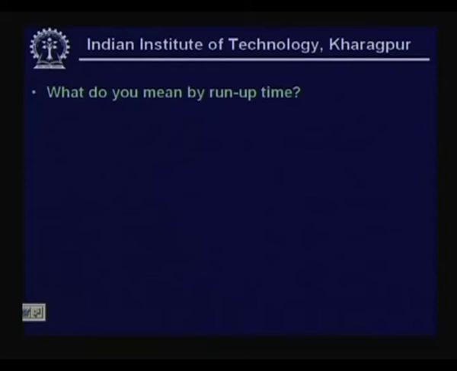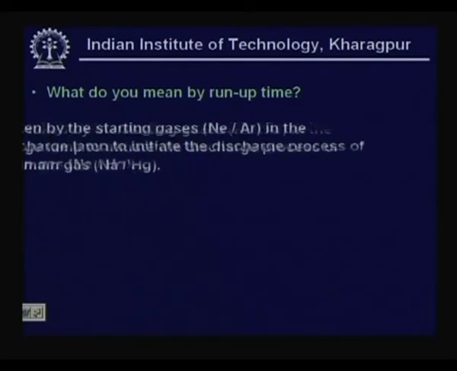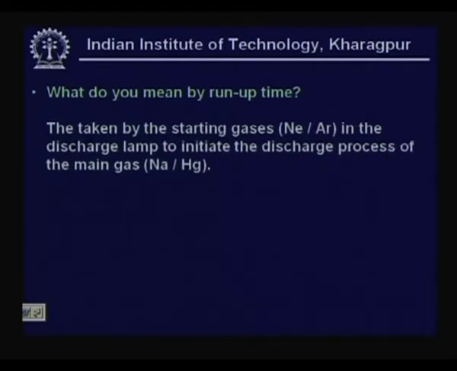What do you mean by run up time? We have come across this run up time because, after applying the voltage, there is a certain finite time for the discharge to take place and the arc to be established. The time taken for the starting gas in the discharge lamp to initiate the discharge process and transfer to the main gas, this is what we call run up time.